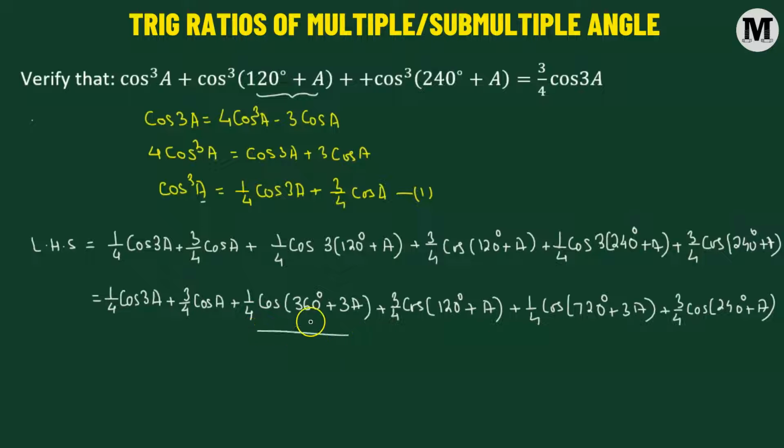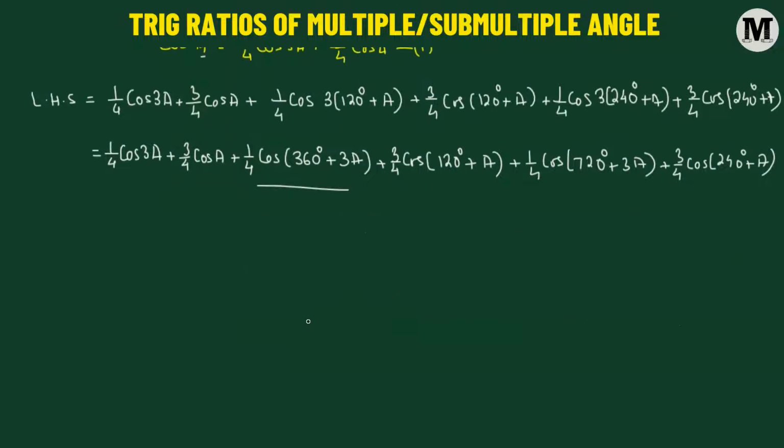So let's begin with this particular term here. We have 1/4 of cosine of 360 degrees added to 3a. Now this can also be expressed as 1/4 of cosine of, now 360 degrees is simply 4 times 90 degrees, added to 3a. Now what we have is an even multiple of 90 degrees. So that means our cosine function is going to stay as the cosine function.